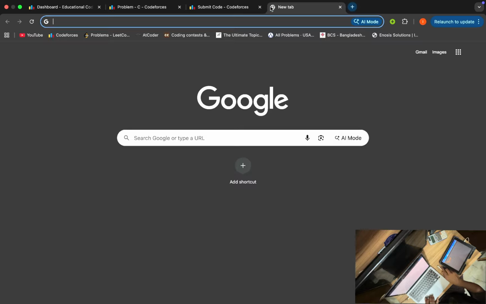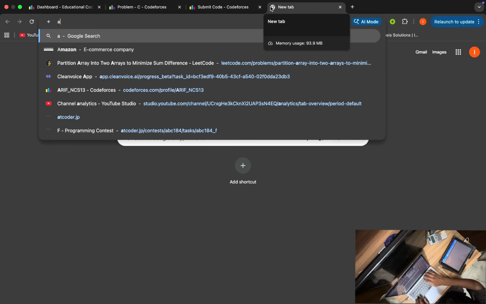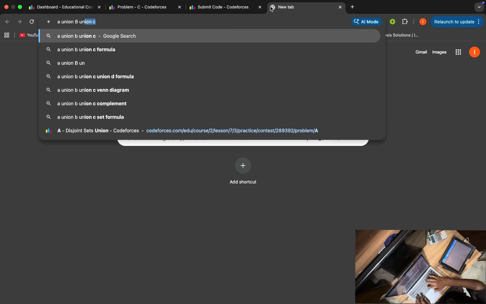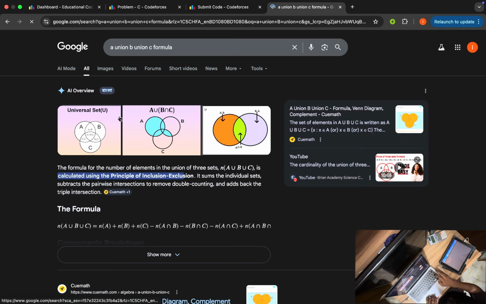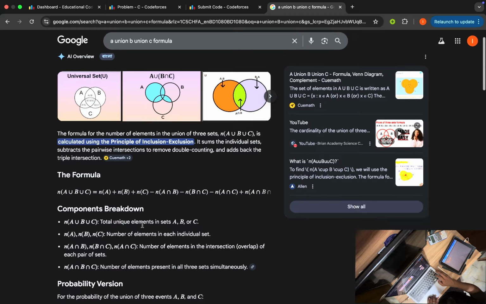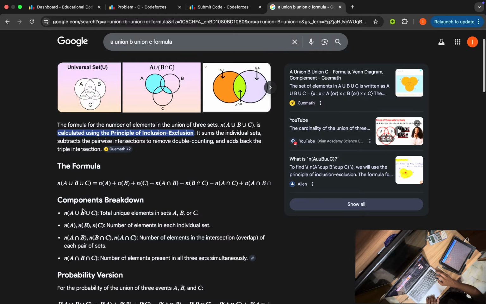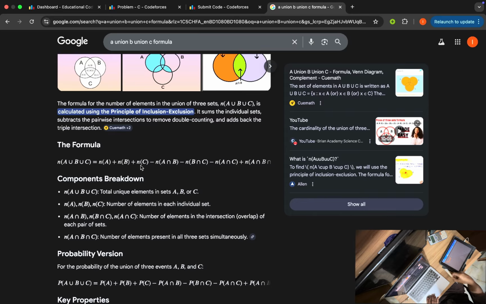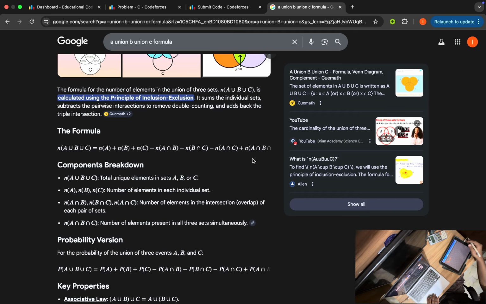I just forgot the formula actually. A union B union C formula. Components breakdown. Okay, A plus B plus C minus AB, BC, CA.